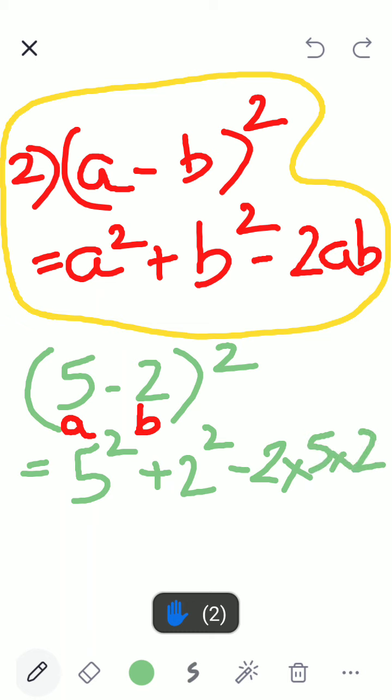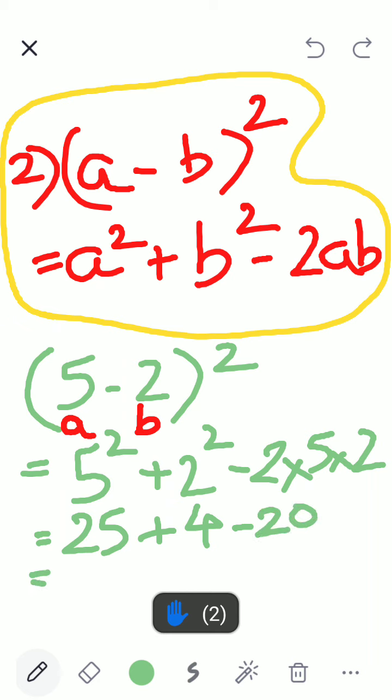So what is 5 square, Shubhashri? 25 plus. Minus. Very good. So 25 plus 4 is how much? Minus 20. 9. So we got 9.